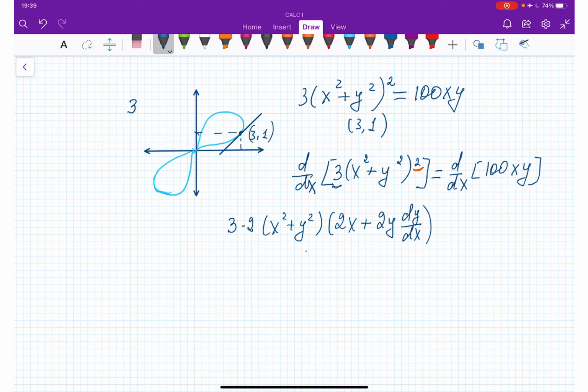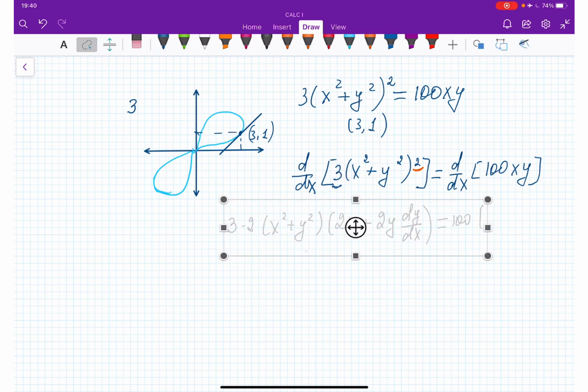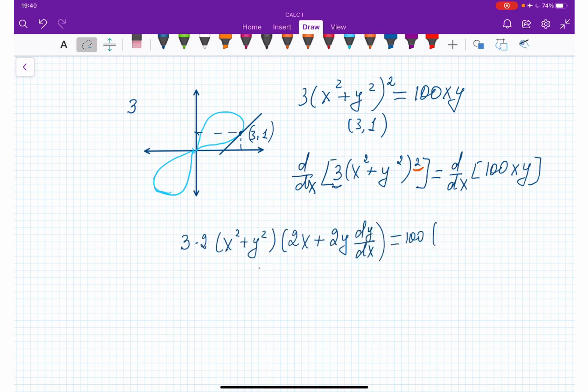And now on the right side of the equation, 100 is a constant, comes out. And the derivative of xy, applying the rule of multiplication, is x times dy by dx, plus y times dx by dx, which is going to be 1, right?